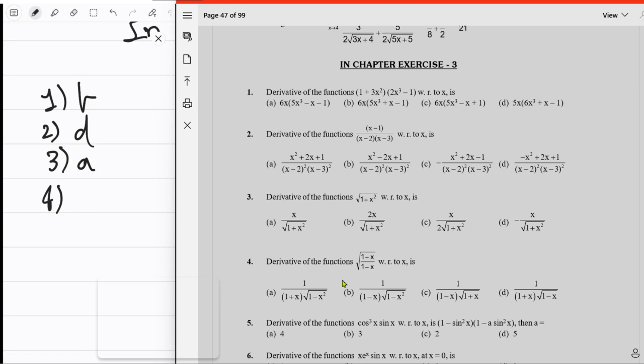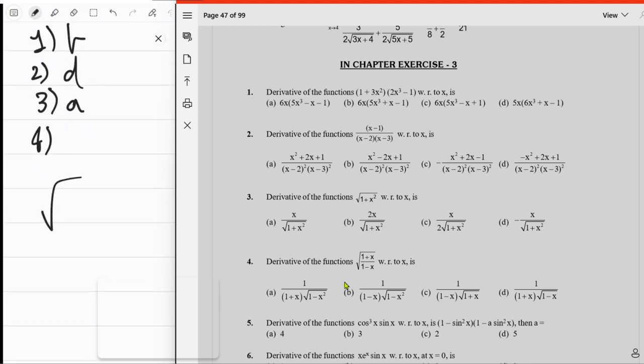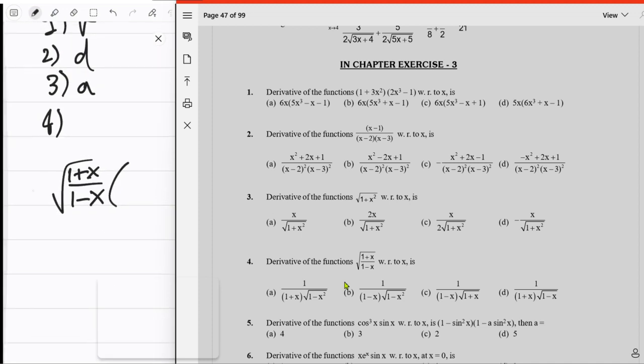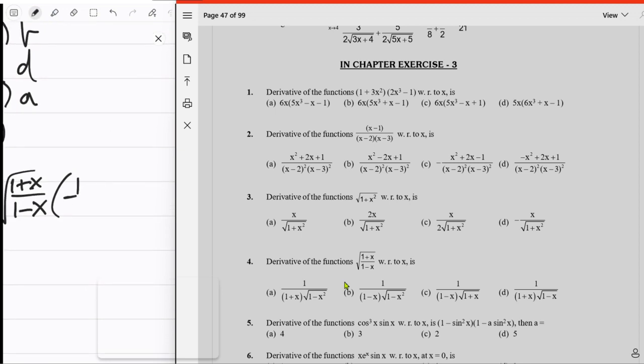Derivative of the function. Why am I doing this? This is not continuity or differentiability. It's just normal differentiation. Fine. Derivative of this function is the original function times what we have after taking natural log. So take that 1 upon 2 out. It's just 1 upon 1 plus x, and then plus 1 upon 1 minus x.